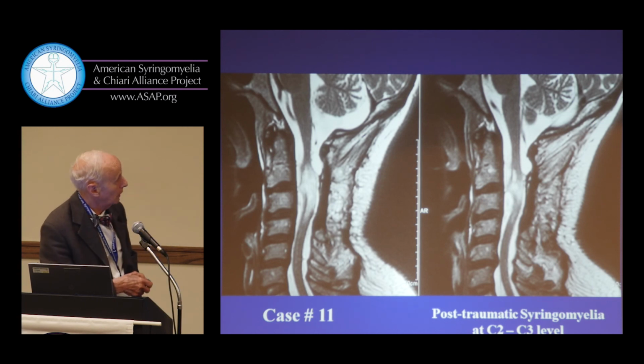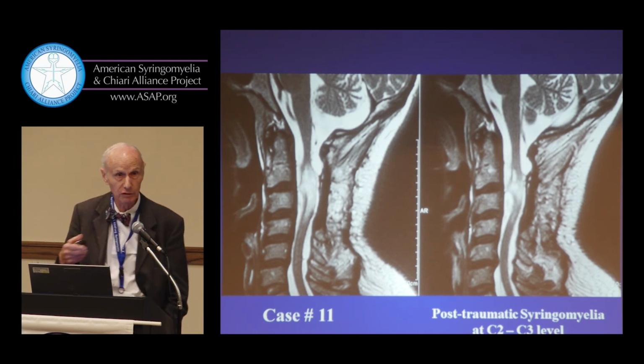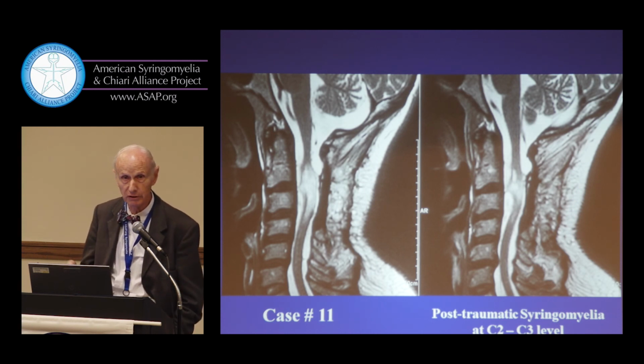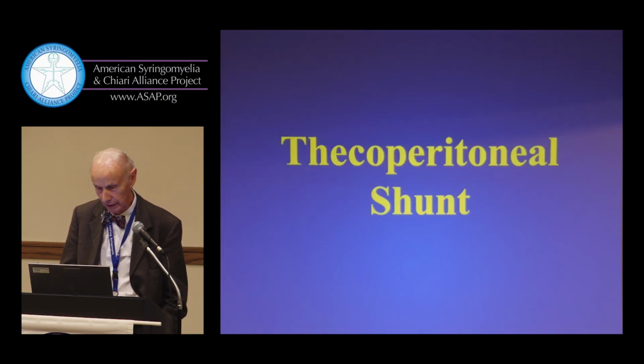But if you reduce the pressure of spinal fluid up above this partial obstruction, you can diminish the size of the cavity. In other words, to use a term that Bernard Williams coined, you reduce the filling pressure of the syrinx cavity.